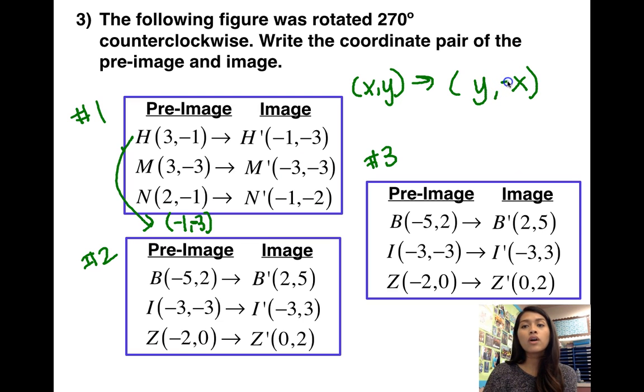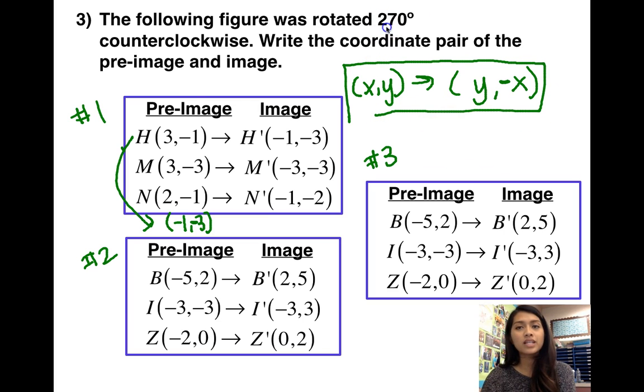So here you are supposed to take the opposite of the new y coordinate, aka the old x value. So you're going to find that the coordinate rule for a 270 degrees counterclockwise is they do switch, except you're going to take the opposite value of the new y coordinate.